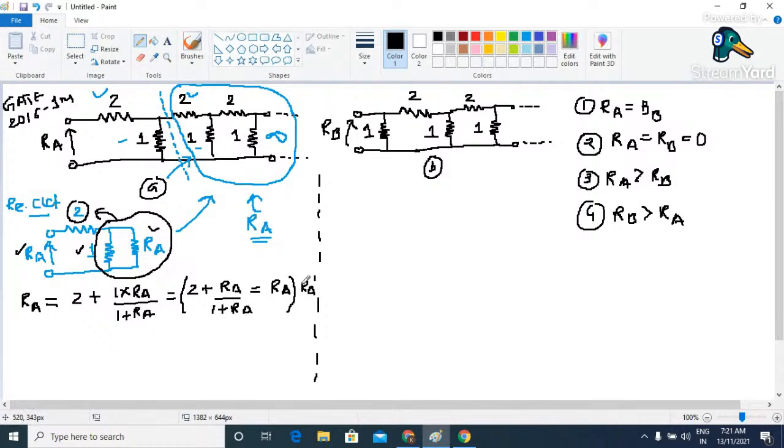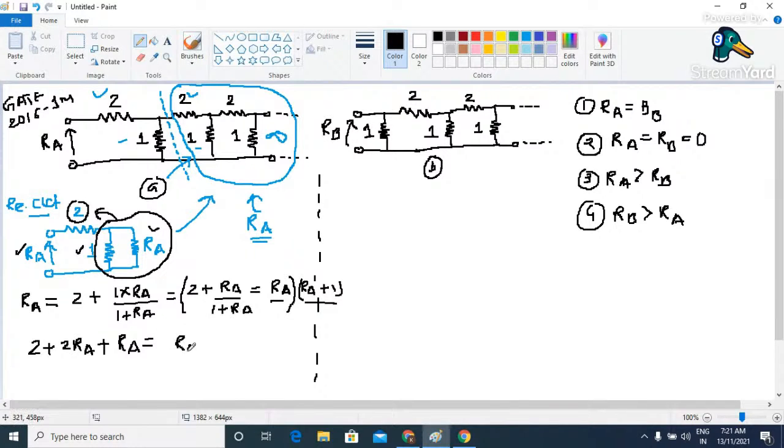So, multiply this by RA plus 1, because in the denominator we have 1 plus RA. If you do that, you will get 2 plus 2 times RA plus this 1 plus RA, and that 1 plus RA is going to be cancelled. So here we have RA, which is going to be equal to, now this RA is going to be multiplied by RA plus 1.